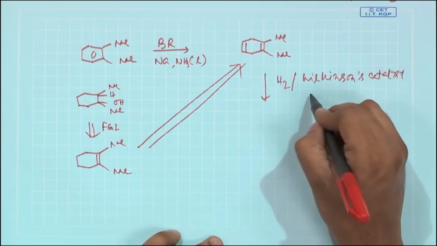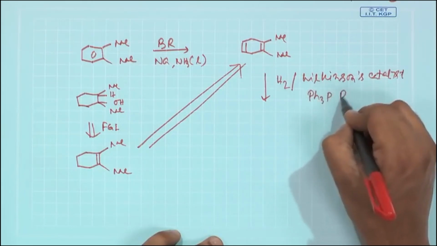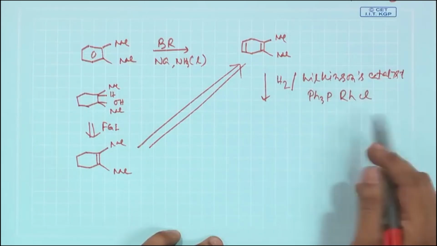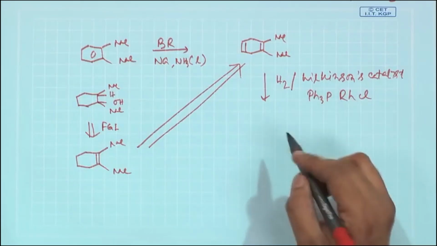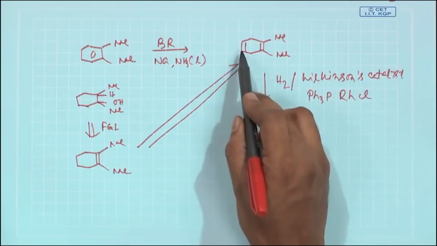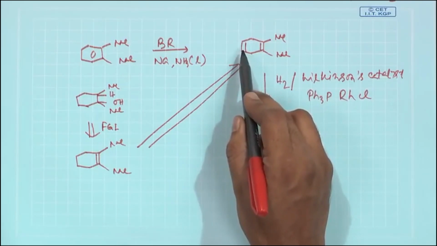Now, Wilkinson's catalyst, we are not going to talk about in great detail. It is a rhodium based catalyst, tris(triphenylphosphine)rhodium chloride. This catalyst helps in hydrogenation reactions and is a homogeneous catalyst. As this catalyst is pretty bulky, it will tend to hydrogenate the olefin which is sterically less crowded or less congested.